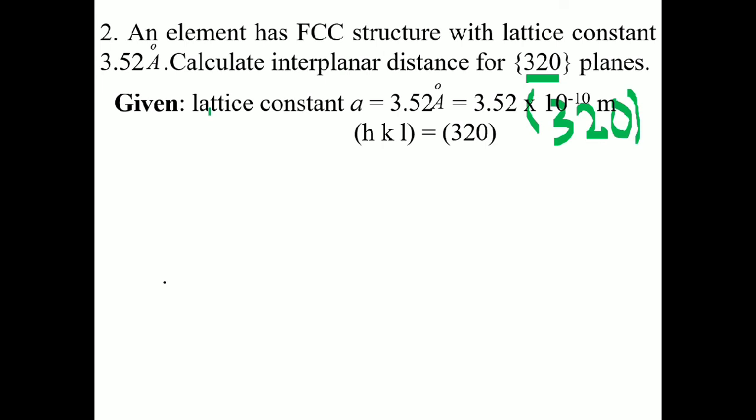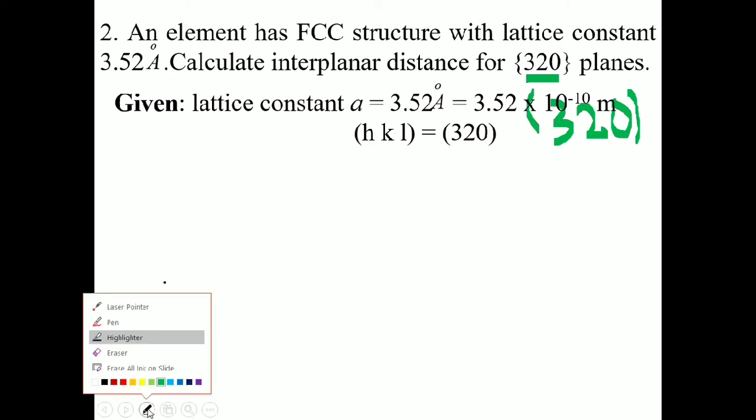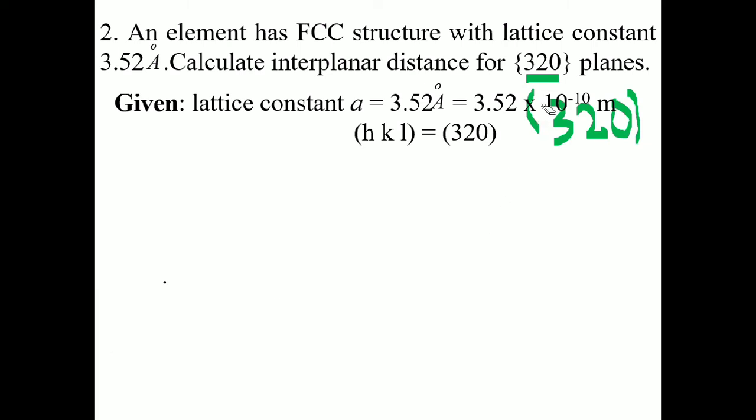Let us see the given values. Lattice constant a is mentioned here, 3.52 angstrom is given, and you have to convert that into meters. It has been converted here, you can observe. 1 angstrom is 10 power minus 10 meter.